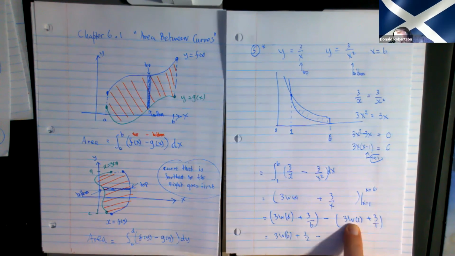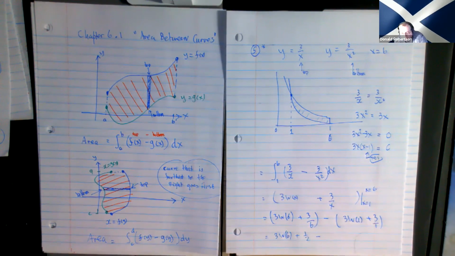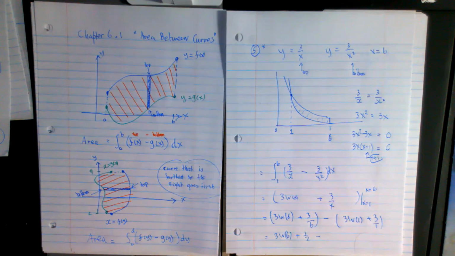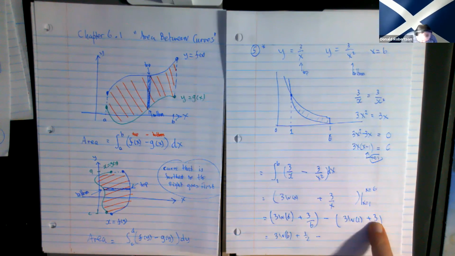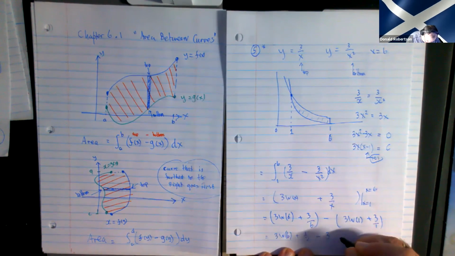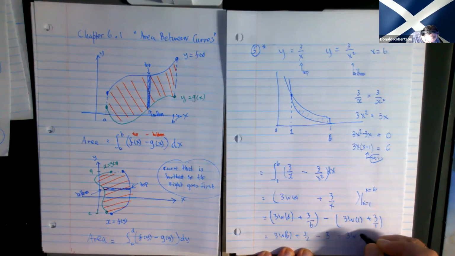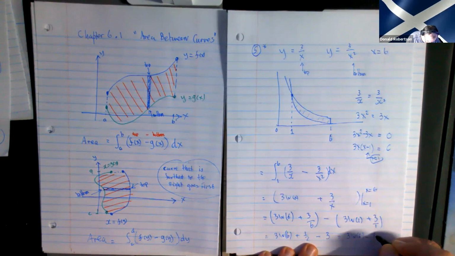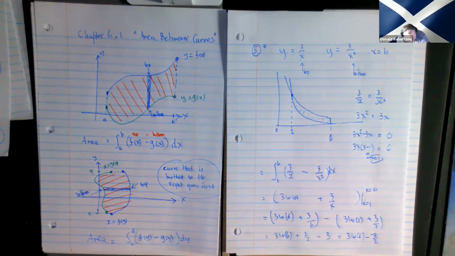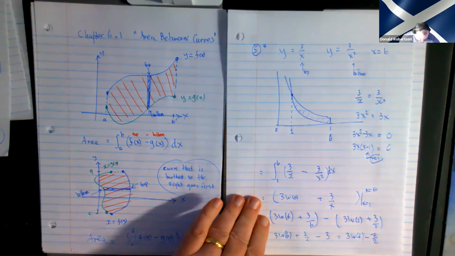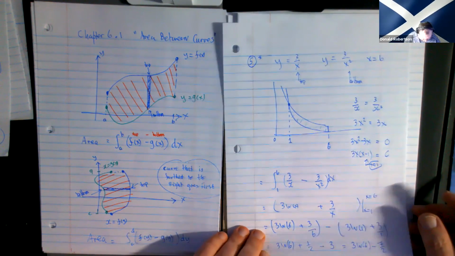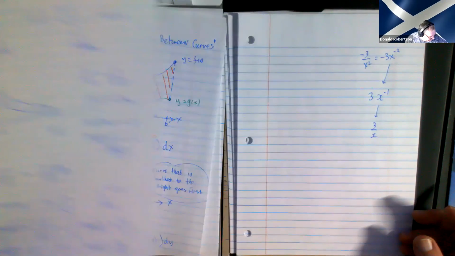What number is 3 times the natural log of 1? 0. So take away 0, don't care. Take away 3. So that gets you 3 natural log of 6. Take away 7/2. And that's as good as that's going to get.